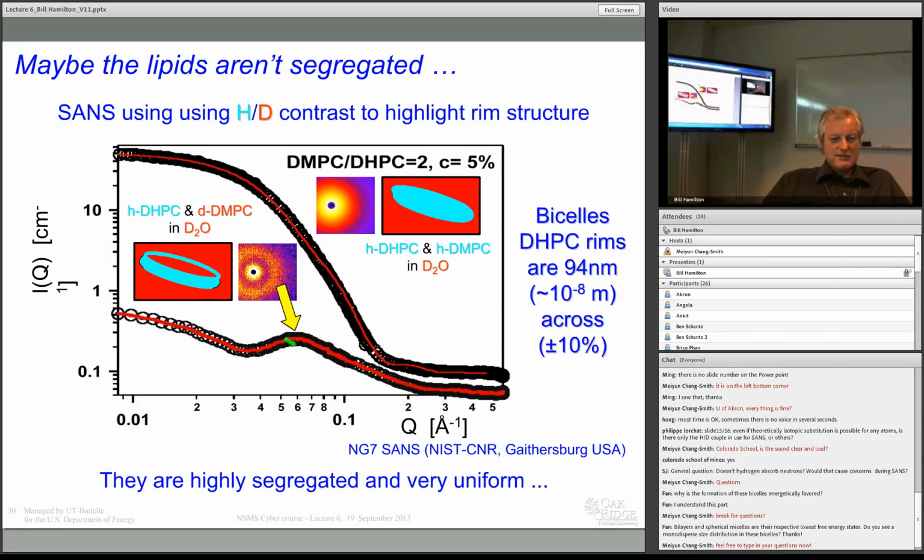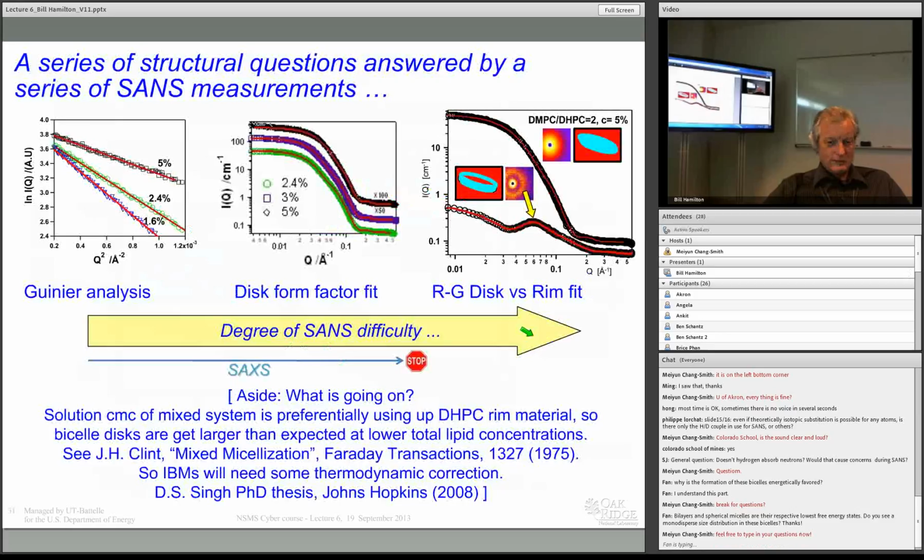And the answer to Fan's question is that after you've done this fit, these bicelle rims turned out to be about 94 nanometers across, with a polydispersity of about 10%. So they were ridiculously segregated and very, very uniform.